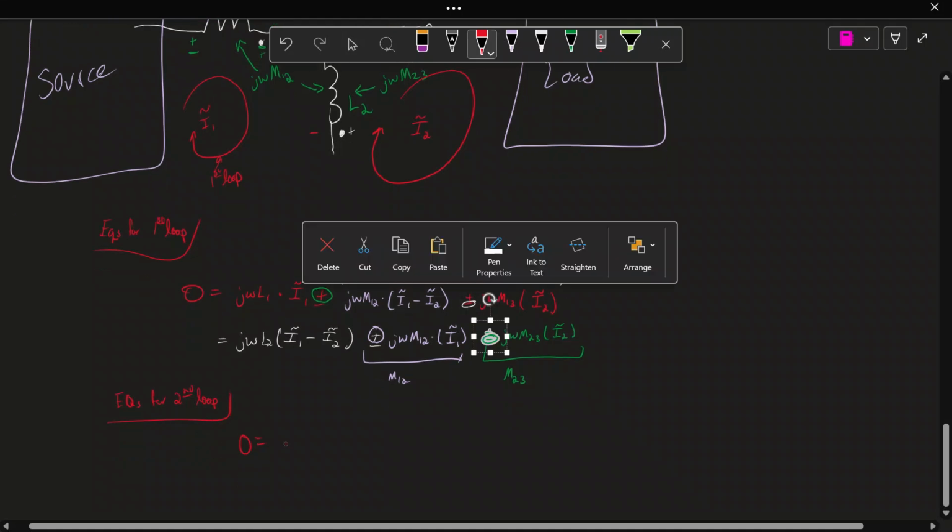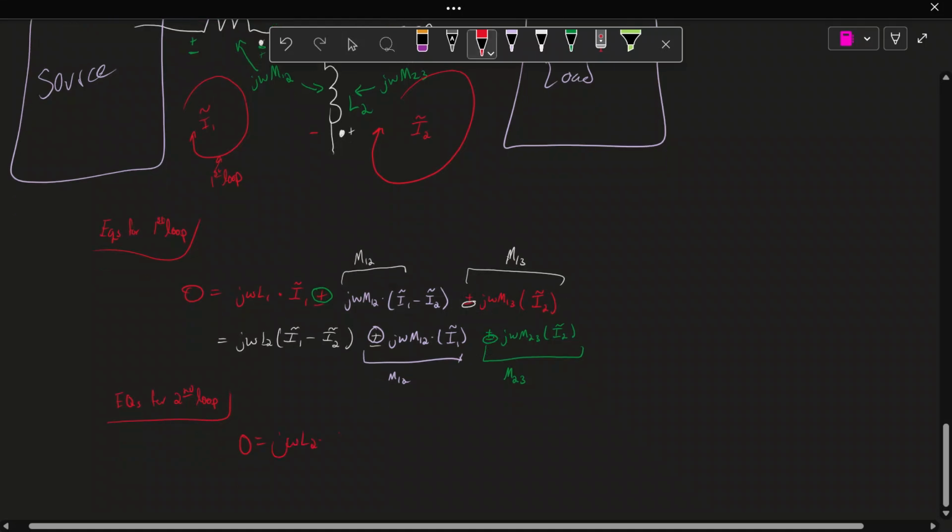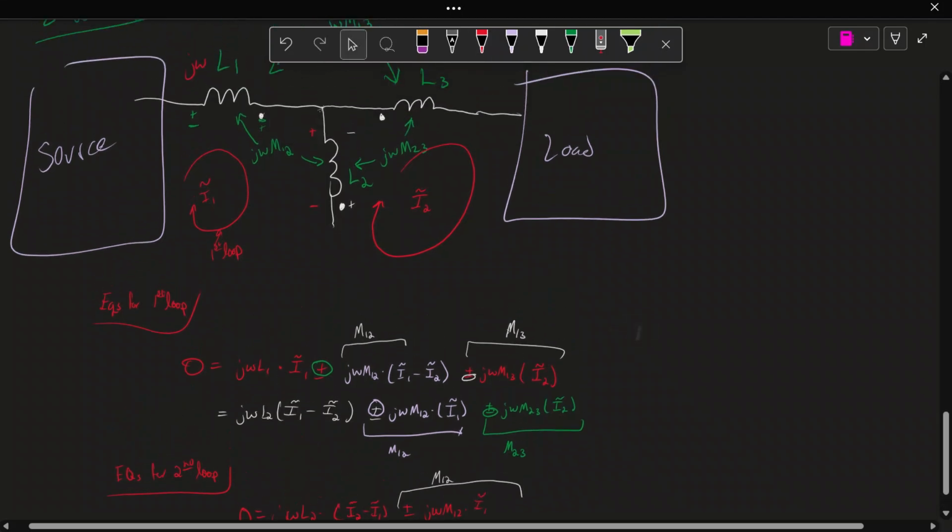The self-inductance of L2 is j omega L2 times I2 minus I1. So now we have to do plus or minus the mutual inductance. Mutual inductance M12, so we have j omega M12 times the current going through L1, which is I1.